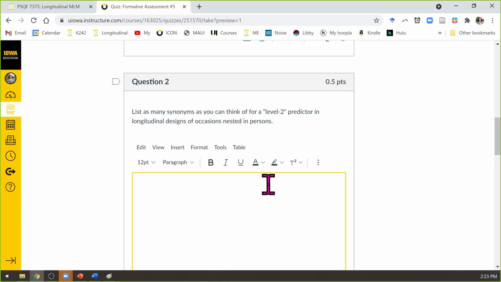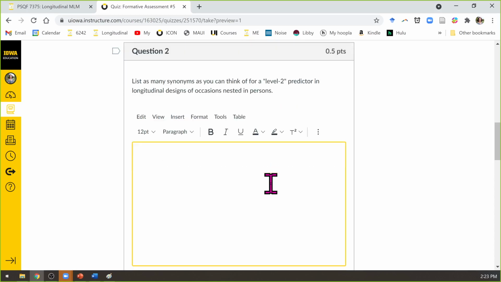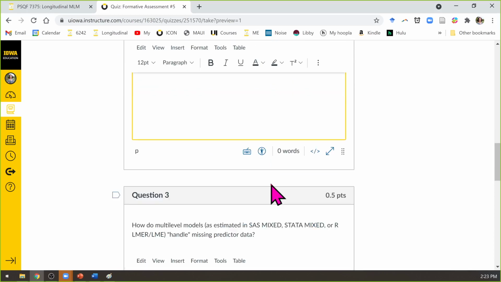Person level, yep. Per person, person characteristic, person level, all of those things. The idea is that it's measured once. So whether it does change over time, who knows? But you measured it once, you have to use it as time invariant. So yes, these are level 2 predictors. Their role in the model is a separate question that we'll get to, and I think that's number 4.